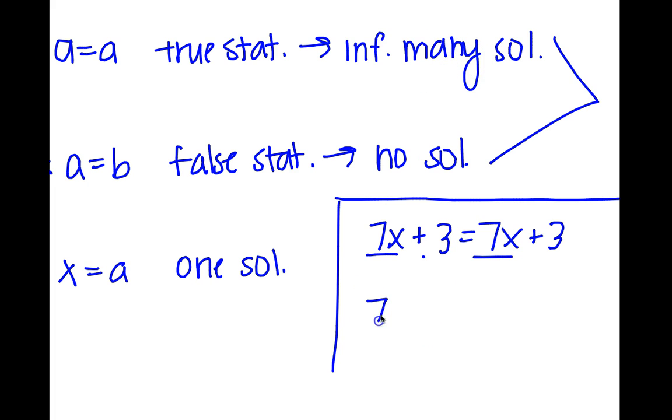But what if you had one where the coefficients were the same, but the expressions were not equivalent? Again, these coefficients are the same, but the expression is not equivalent, so you would lead to no solution. So the only way you can get into any of these is if the coefficients are the same, because that's the only way they can eliminate each other.